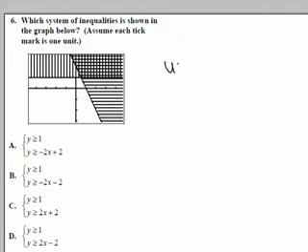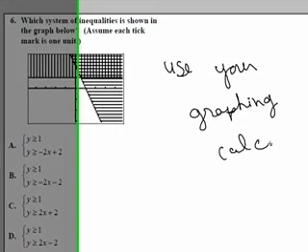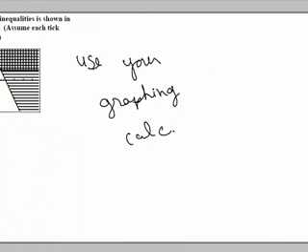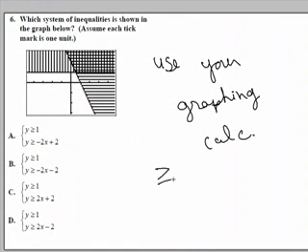So use your graphing calculator, and then just graph it and see which one matches. Now just be very careful. Remember, if you have greater than or equal to, or less than or equal to, your line will be solid.